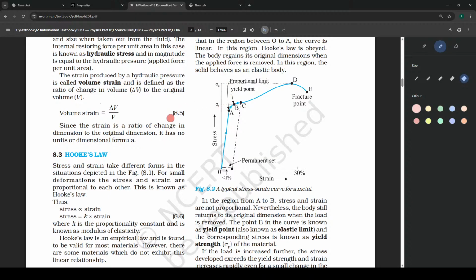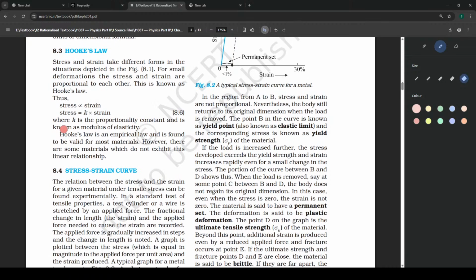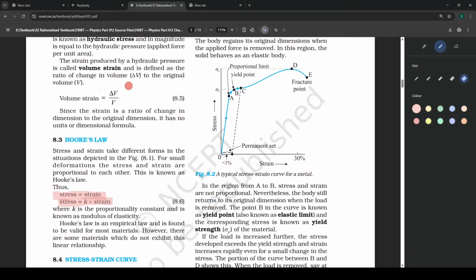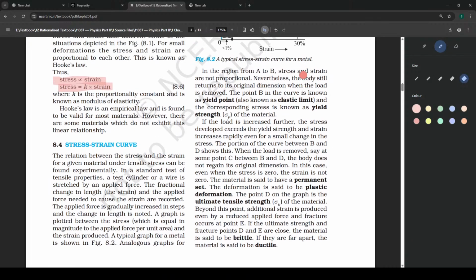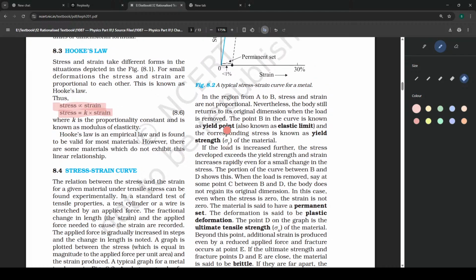Here, O to A is the elastic limit, where it is completely proportional, obeying Hooke's law, which says that stress is directly proportional to strain. Stress equals K times strain, K is the elastic modulus. O to A is the elastic limit, A to B, where B is the yield point, and B to D, where D is the ultimate strength.